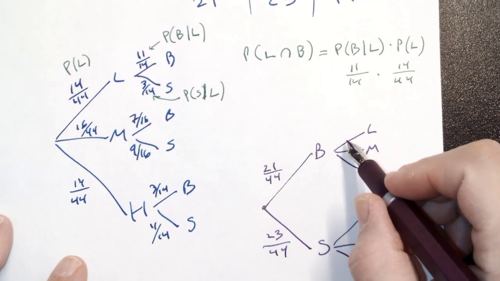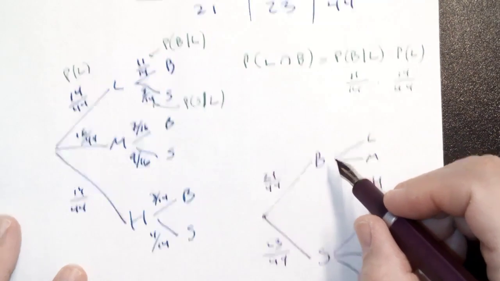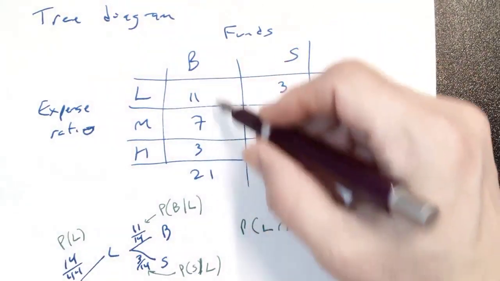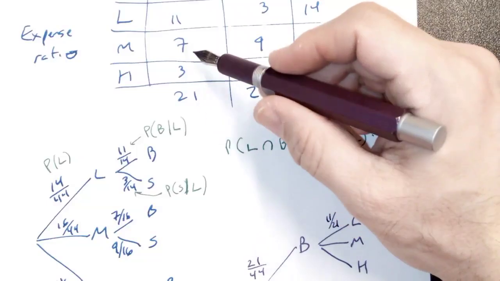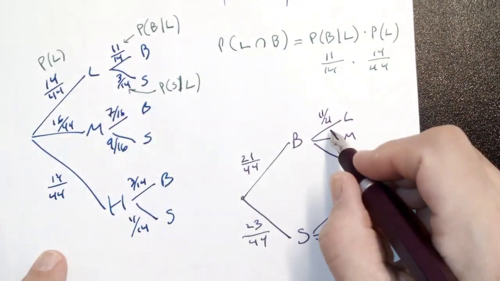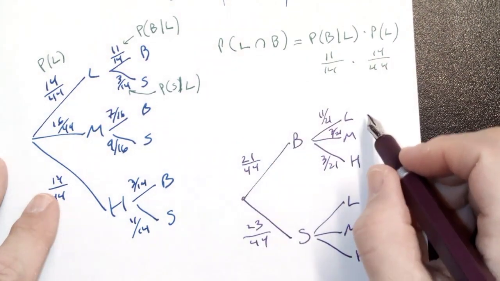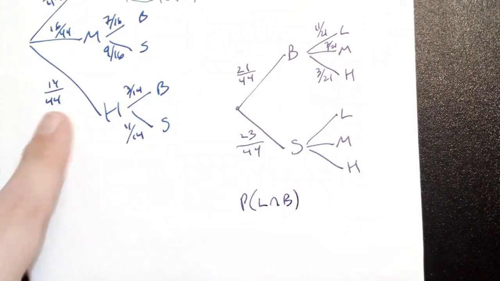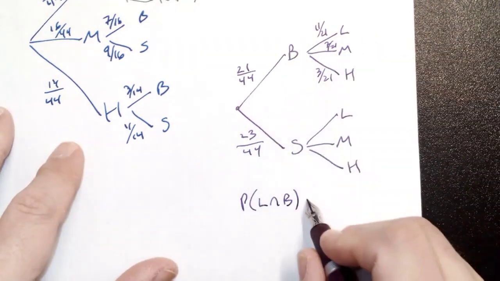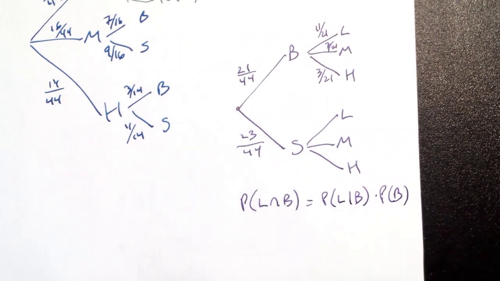This number is the chance that I am in a low expense ratio, given that I am in the bond pile, because I'm working down the column. And then medium and high. Notice the chance of low and bond is now the chance of low given bond times the chance of bond.